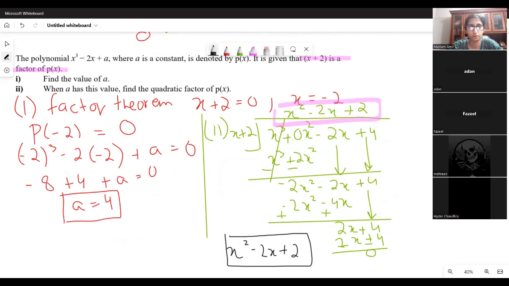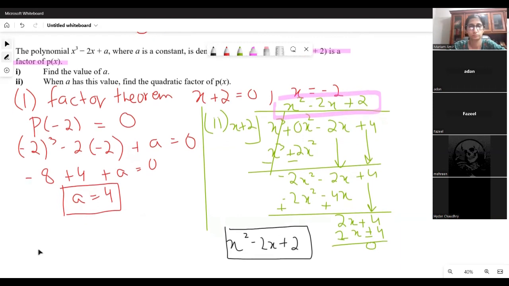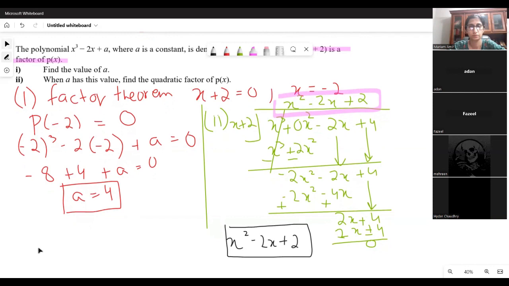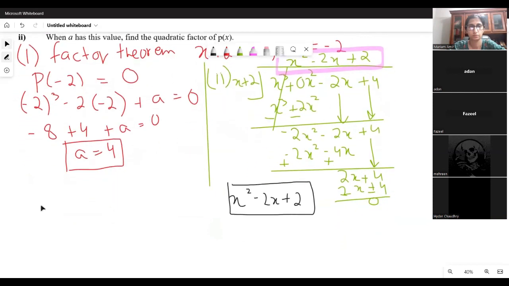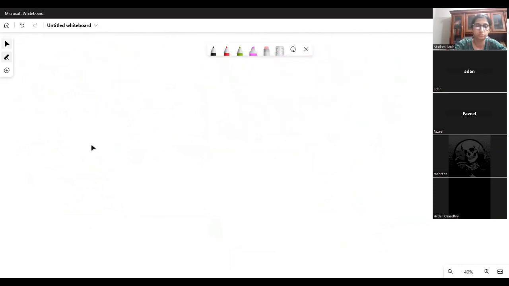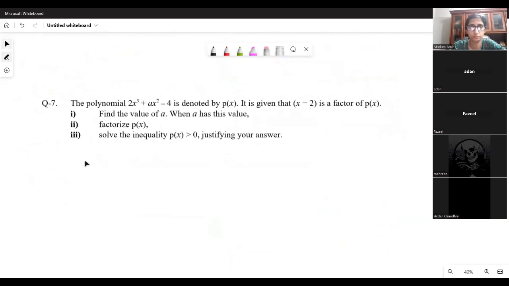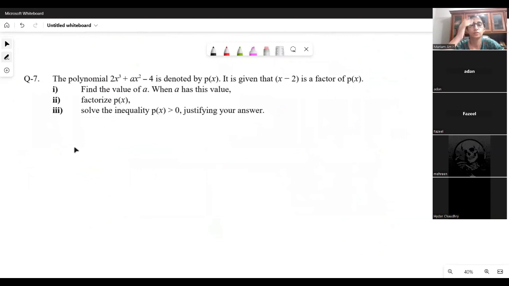Question 7. The polynomial 2x cubed plus ax squared minus 4 is denoted by p(x).